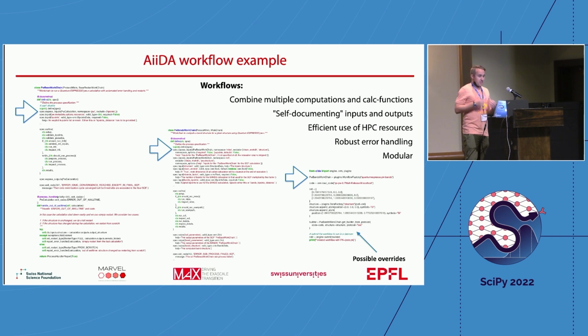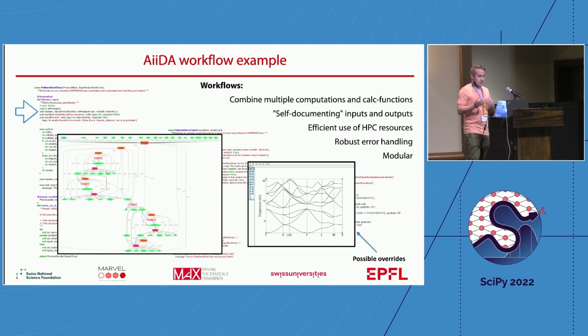Then this can feed into, in the center, a more complex workflow, like computing a band structure, which we then load on the right via entry point into the scripts and run with AiiDA. When we run this script, you create your provenance graph and you make out some final results.